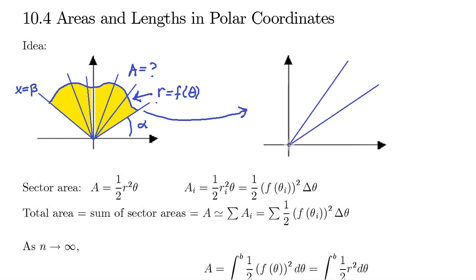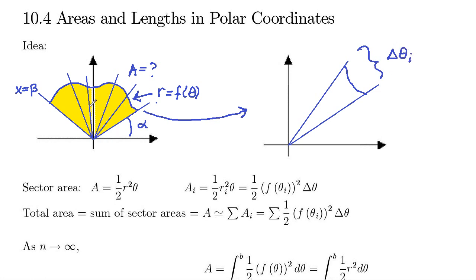That might look something like this. And then that f of theta looks something like that. Again, you have a starting angle and an ending angle, and we are going to name this delta theta sub i.